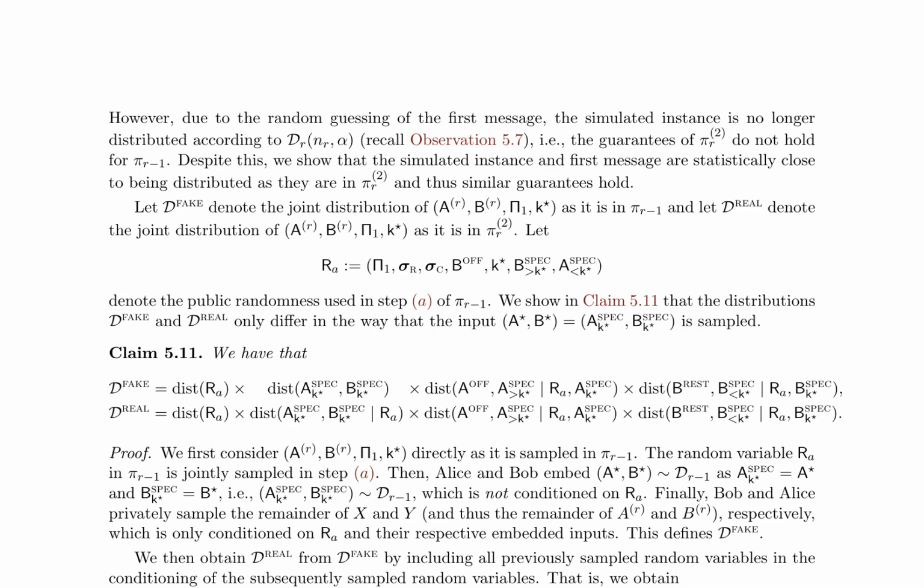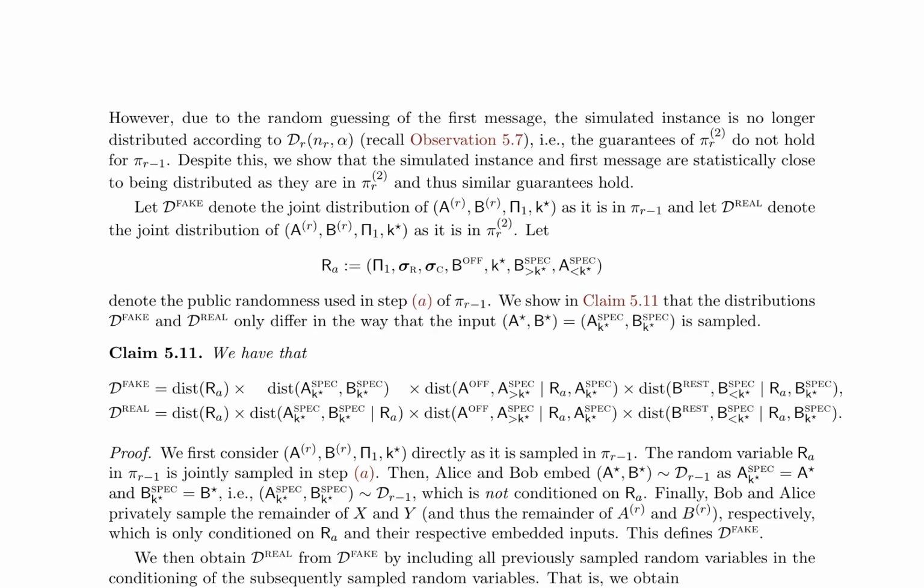Let D-fake denote the joint distribution of A-R, B-R, pi 1, K star in pi R-1, and D-real denote the joint distribution of A-R, B-R, pi 1, K star in pi 2 R. The public randomness used in step A of pi R-1 is denoted by R-raw.